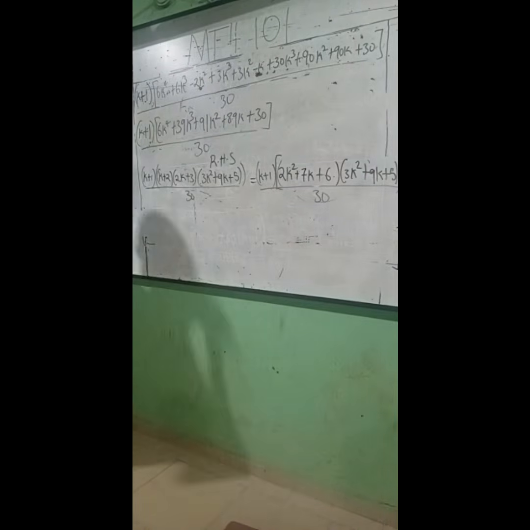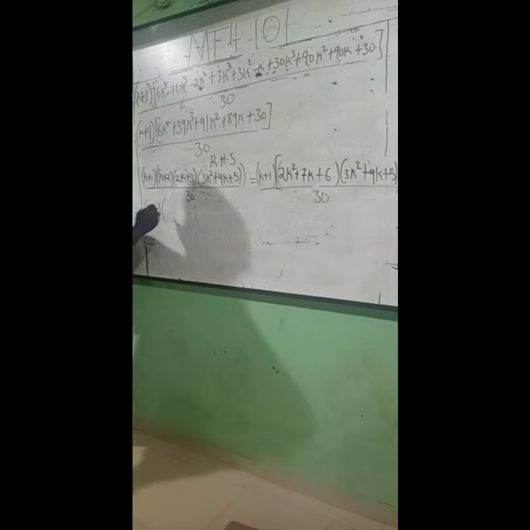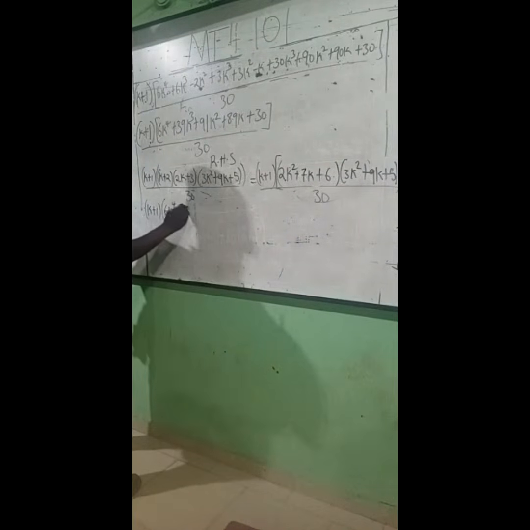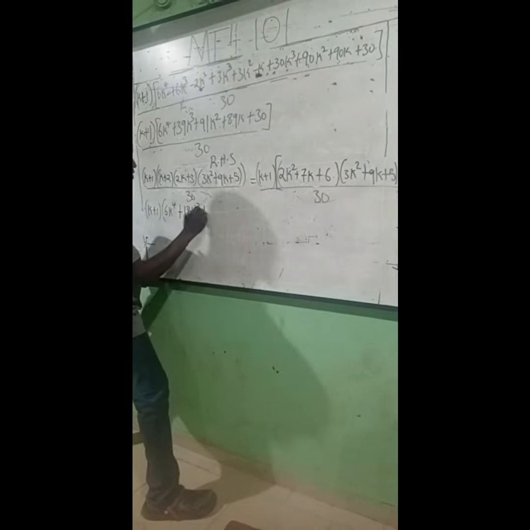Can we proceed? So here we have k plus 1, open bracket, 2k squared times 3k squared. It's looking alike, thank God. 2k squared times 9k. 2k squared times 5.